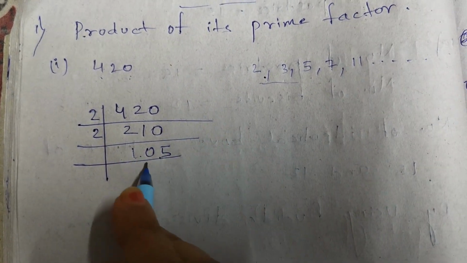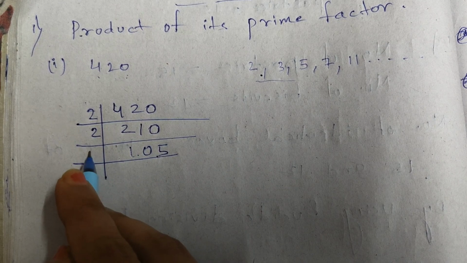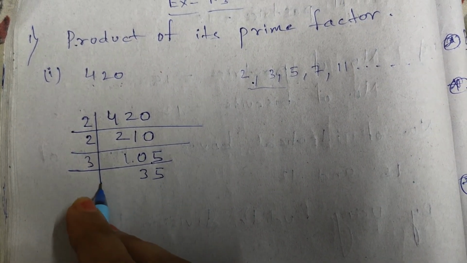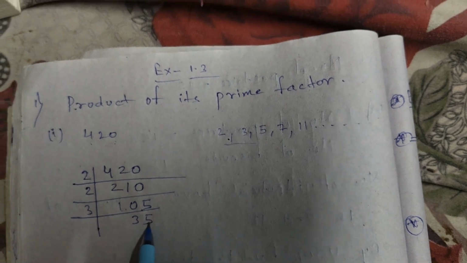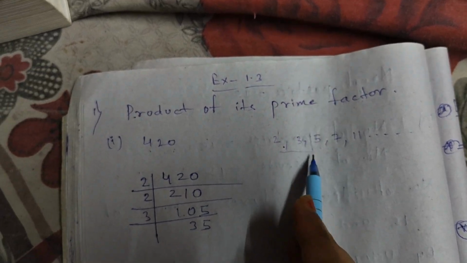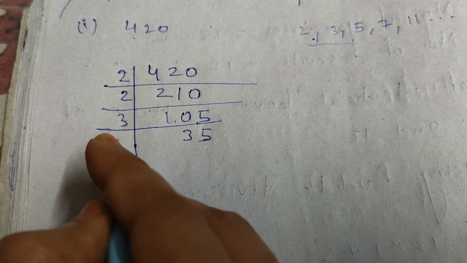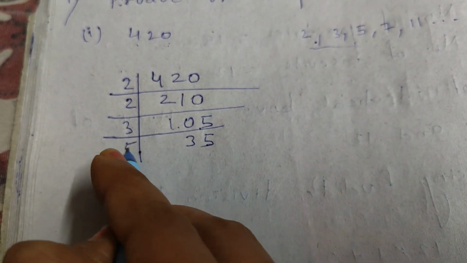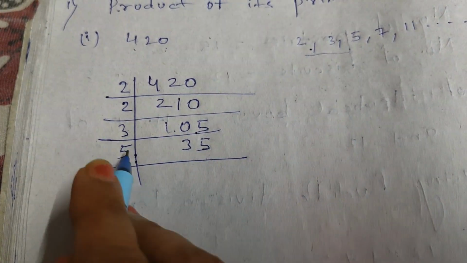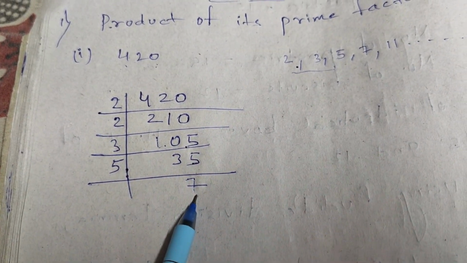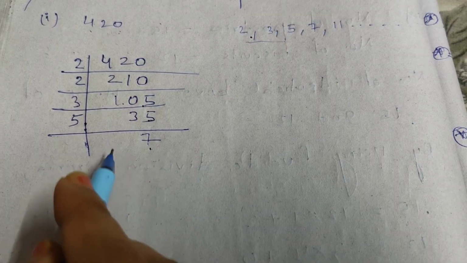Okay, it is divisible by 3, so we take 3, and we get 35. Now 35 is not divisible by 3, so we check with 5. Yes, it is divisible by 5, so we write 5, 7 times. Okay, so now 7 is divisible by itself, so we stop here.